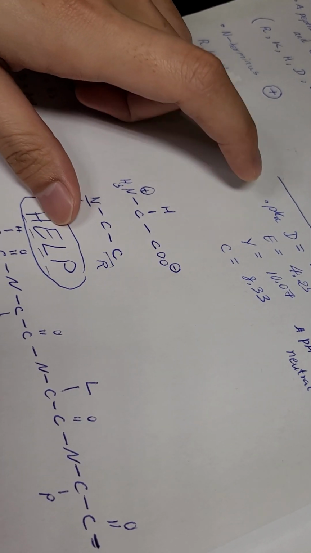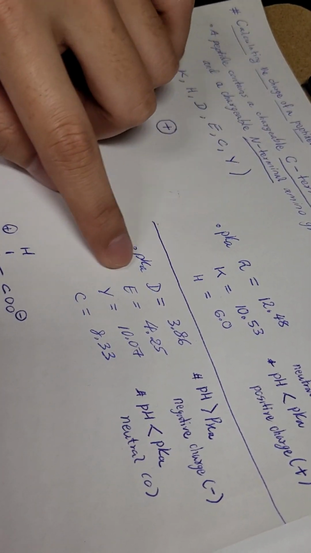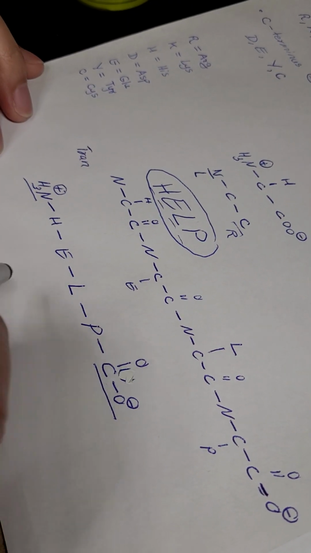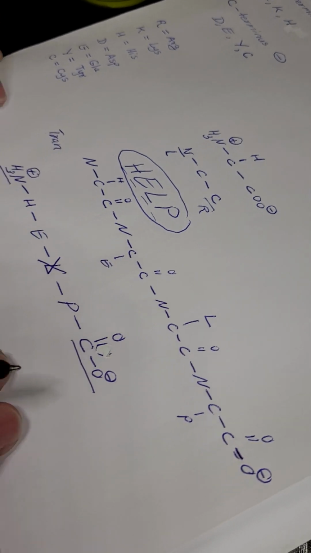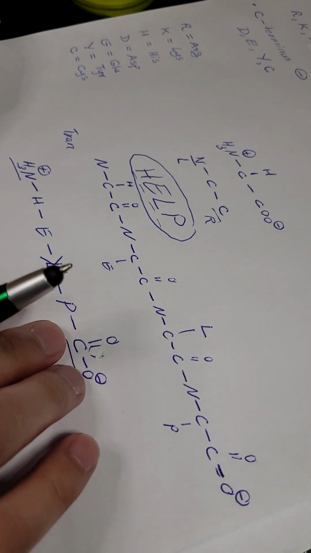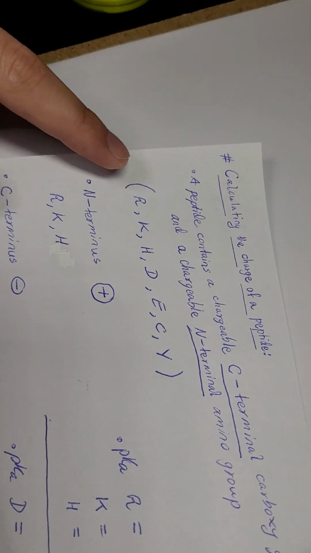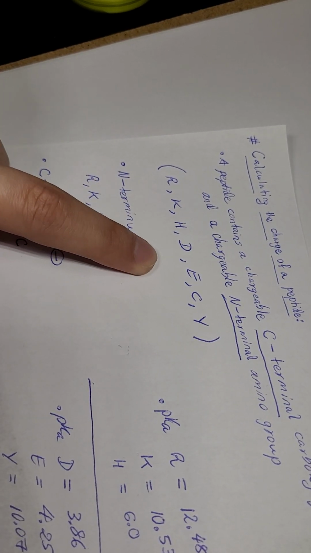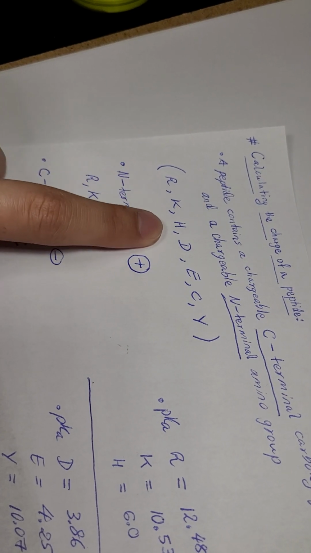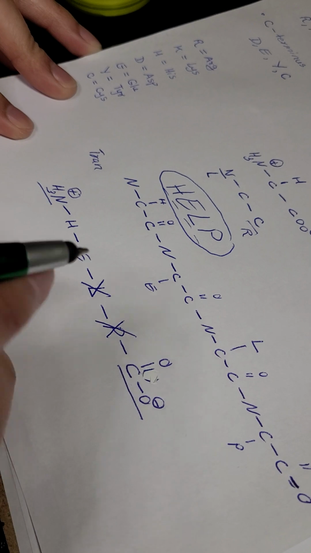Next one, L. We don't have L in this one, so what do we do? Cut it out. How about P, the last one? We don't have P in the list. So we have H, we have E, we don't have L, we don't have P. So just cut it out or skip it.